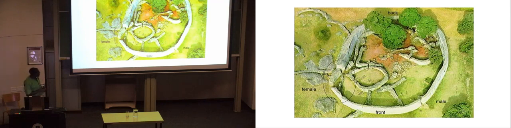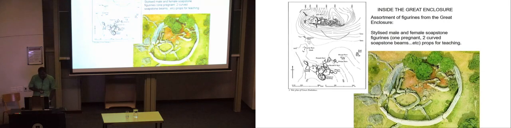So that's why he then says this is a chamber that was reserved for initiation. And then inside the Great Enclosure, there were an assortment of figurines, some of which were stylized and so on. And according to Huffman's anthropology, those were similar to the props that are used when initiation is done. So according to him, that then supports the initiation hypothesis.